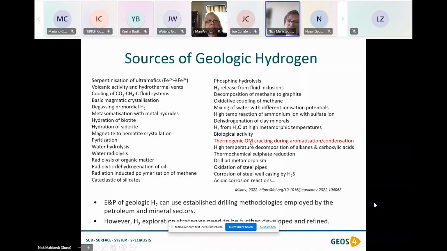Now, in our 2022 papers, we could show that there might be an additional biogenic hydrogen potential from the thermogenic cracking of overmature organic matter during aromatization and condensation reactions, which might be unlocked using established drilling methodologies, which nevertheless have, of course, to be further developed and refined.